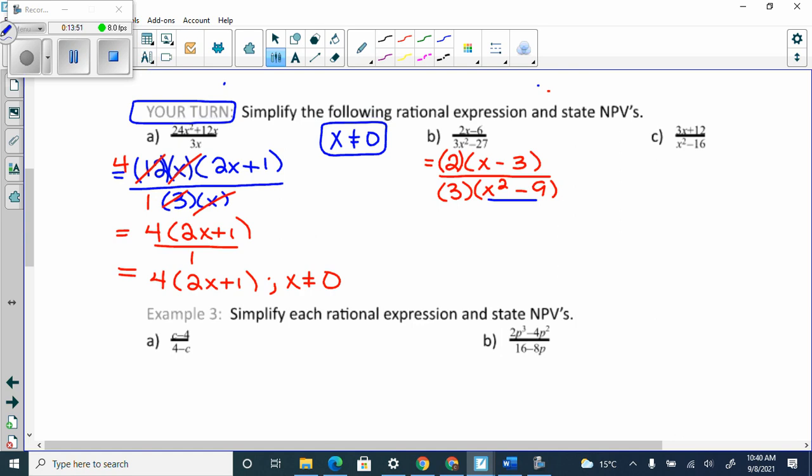Couldn't make it any better. And you'd get no NPVs, remember? Because x squared plus 9 is an addition of squares, and you don't get any NPVs. So the top, we get 2, x minus 3. And the bottom, we would get 3, and then 2 brackets. The front of each bracket, I get x, because the square root of x squared is x. Back of each bracket, I take the square root of 9, which is 3. And I do plus minus.